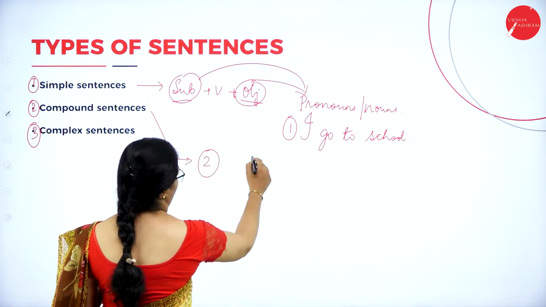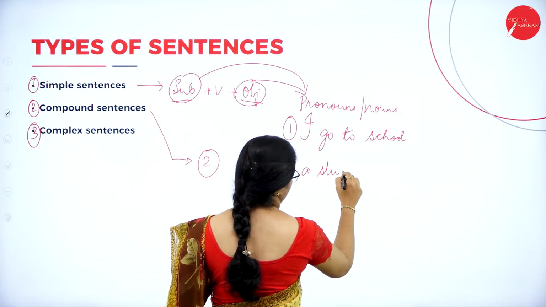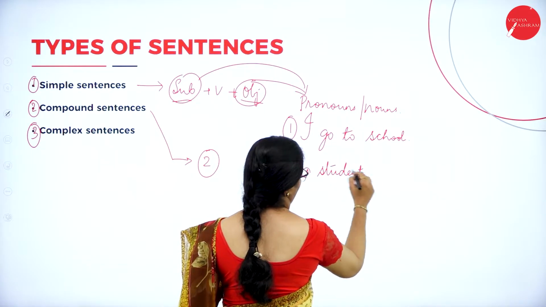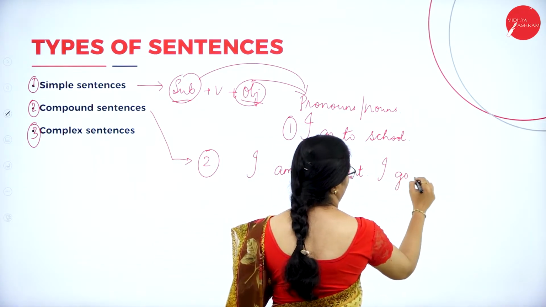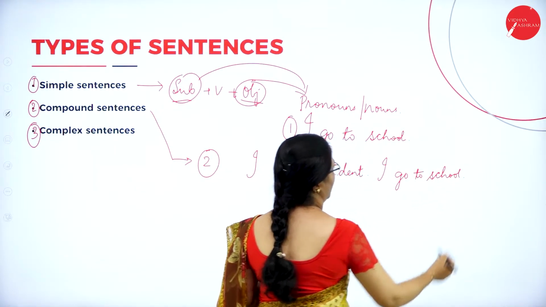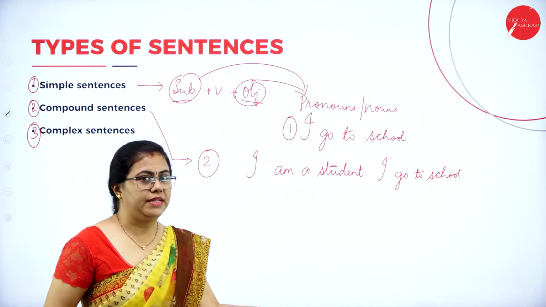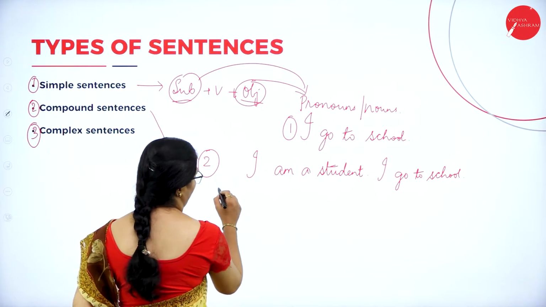I am a student. I go to school. So these are 2 simple sentences. How do I combine these into a compound sentence?